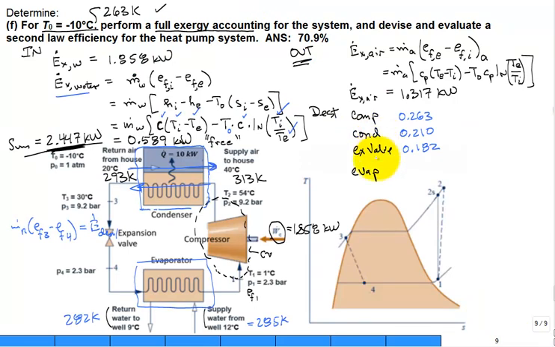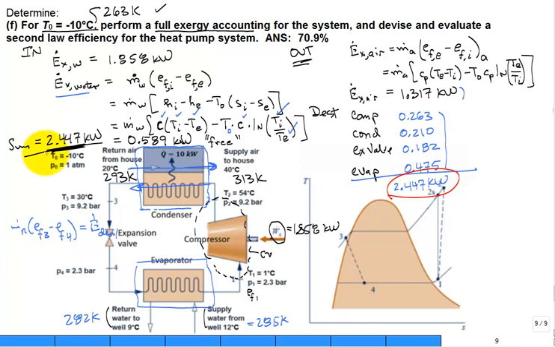The destruction in the evaporator is 0.475. So when you sum up not only all the destructions, but also what is transferred into the air, you get a total accounting of the outs plus destruction of 2.447 kW, and that's a perfect match.